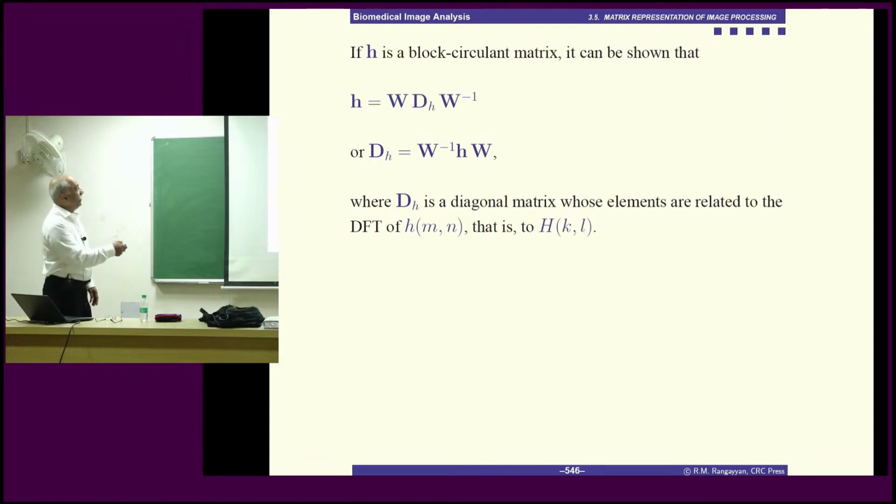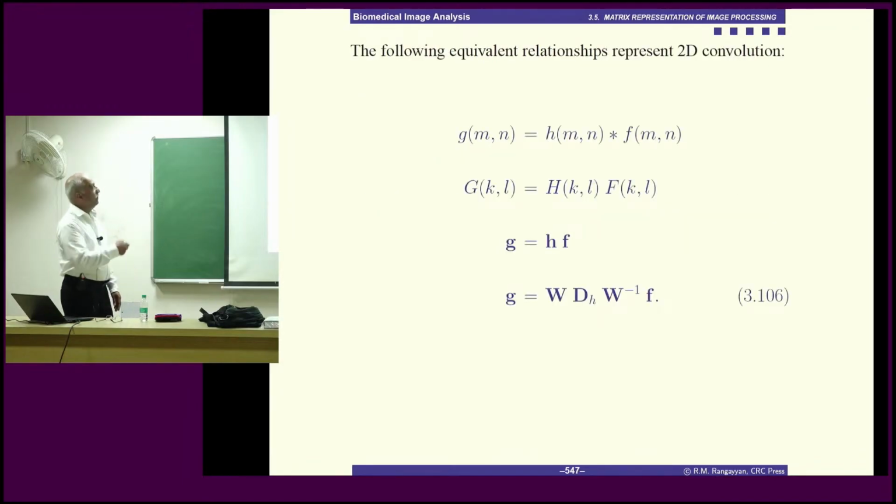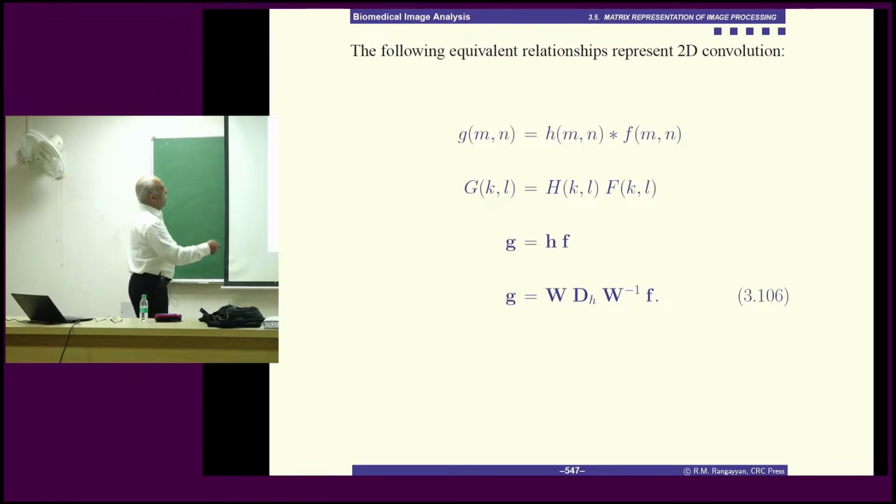So again, you can show, I won't go through that proof. There is a paper I have referred to in the book. H is W D W inverse, like in the 1D case. And we have these representations of 2D convolution, like 1D. G(m,n) is h(m,n) star f(m,n), and you can expand that with the double summation.